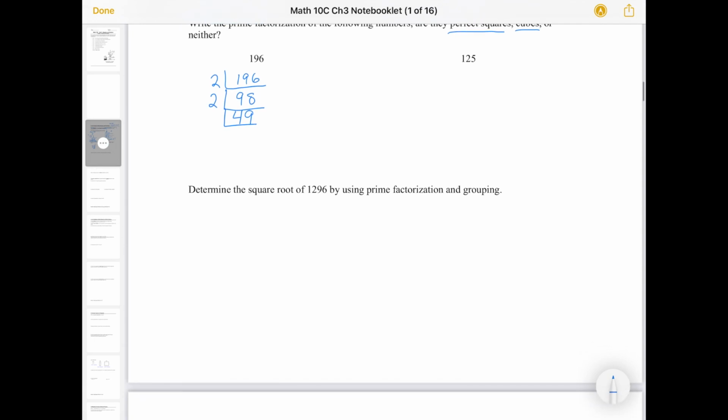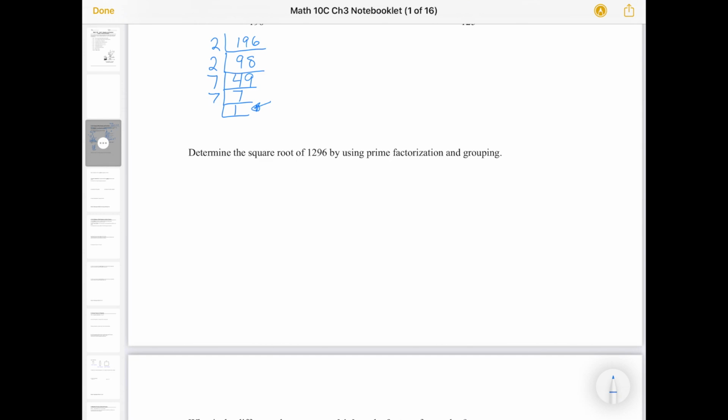Well, 49 rings a bell, and I know it is divisible by 7, and 49 divided by 7 is 7. Now I can't stop here. I need to divide by 7 again so that I have 1. And I always need to end with 1.